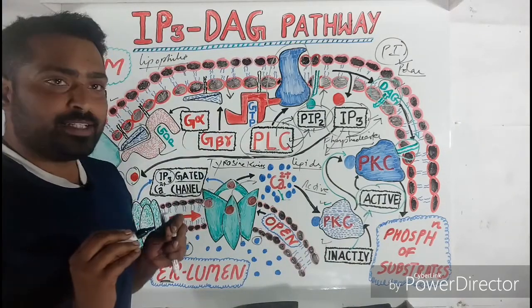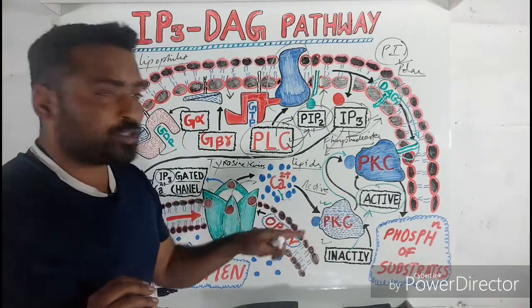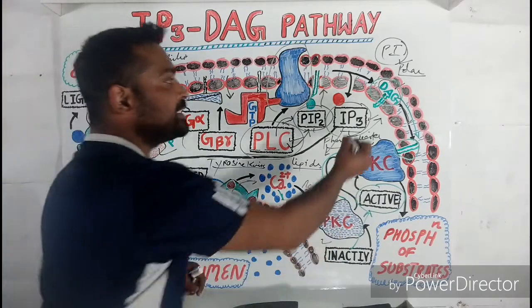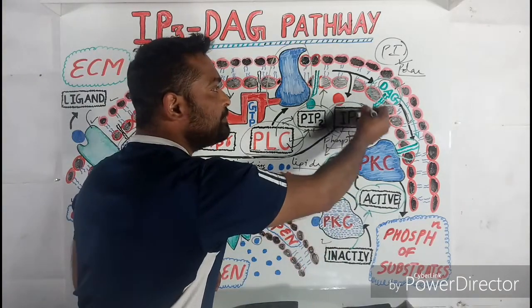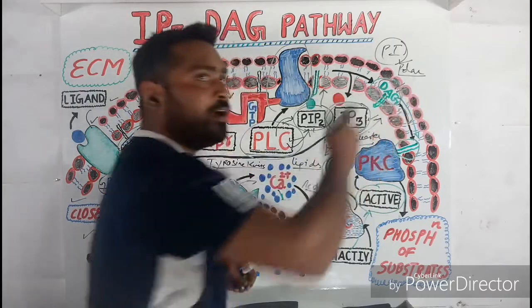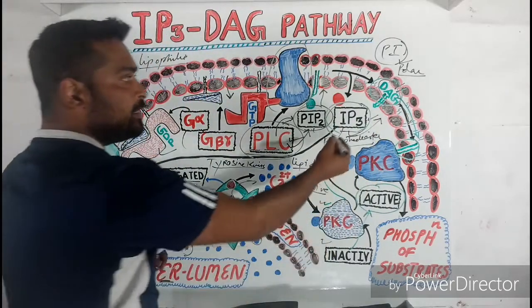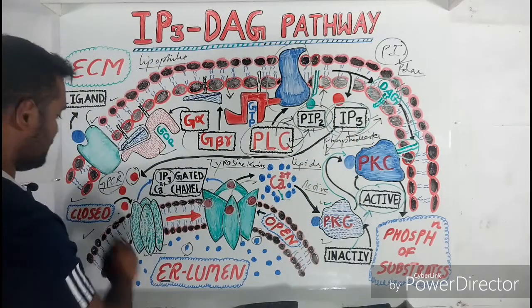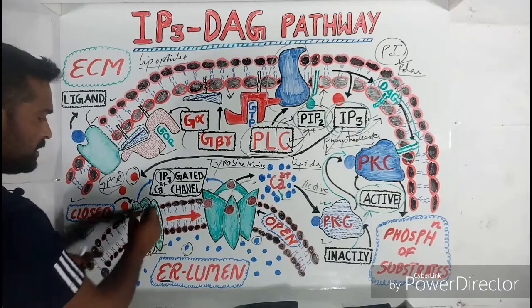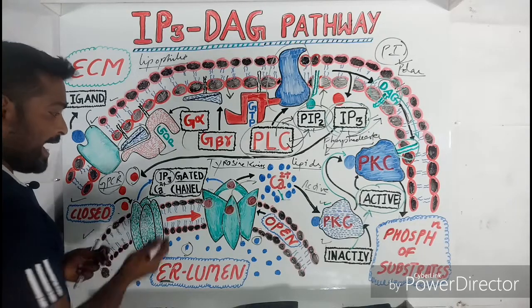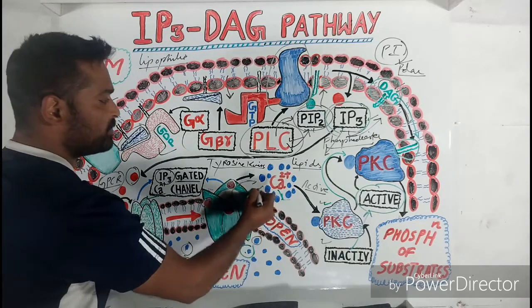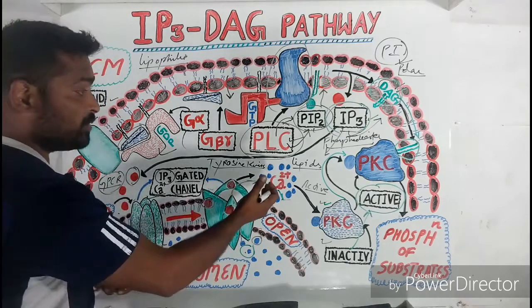So if you notice clearly, the activation of the PKC is the joint action of both IP3 plus DAG. How? Initially the IP3 goes to this closed channel structure and helps in the exit of these calcium ions.